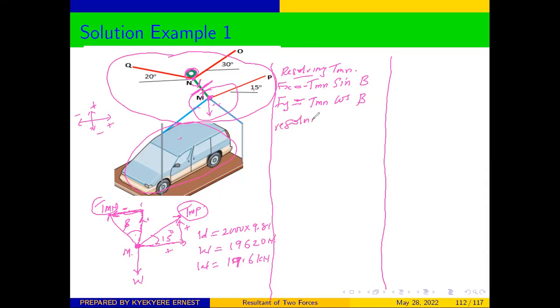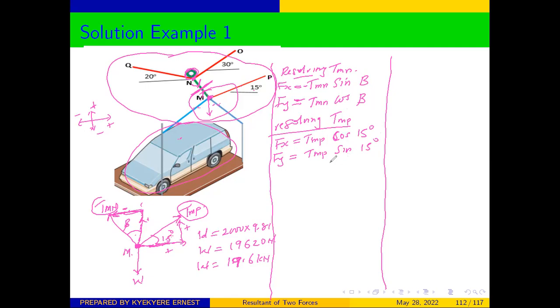In resolving TMP, our S component is going to be positive, and this side is adjacent to our angle. Therefore, it's going to be TMP cos 15 degrees. And our Y component is facing the angle, therefore it's going to be TMP sine 15 degrees.